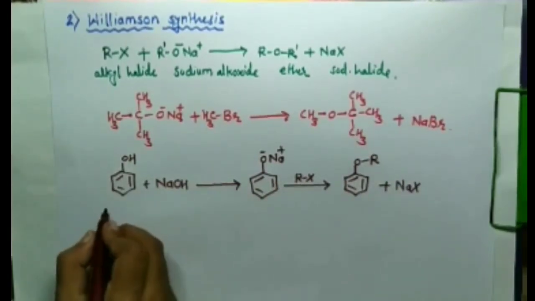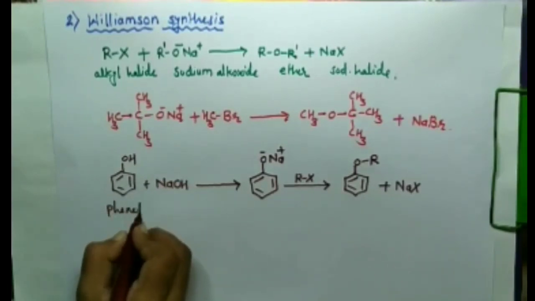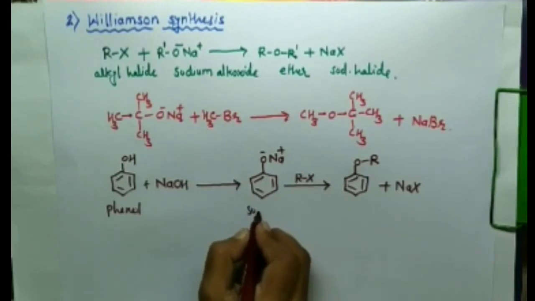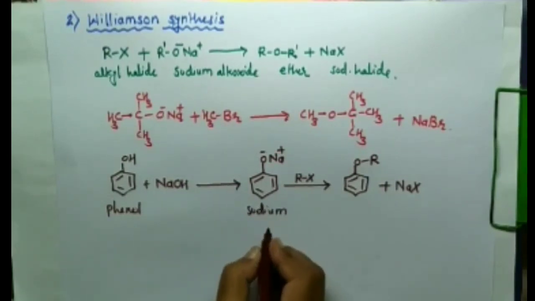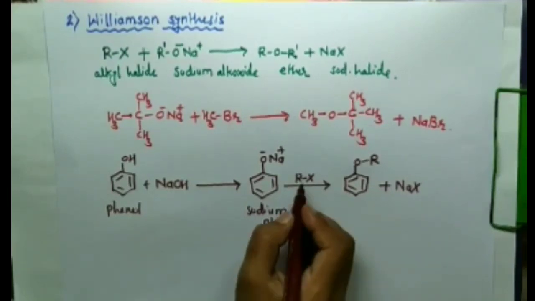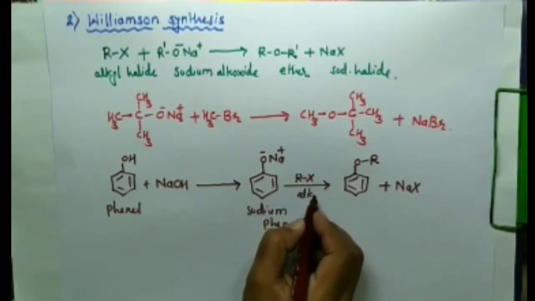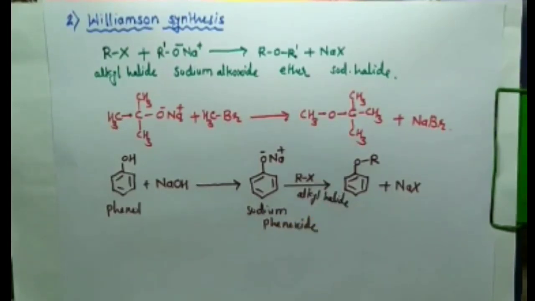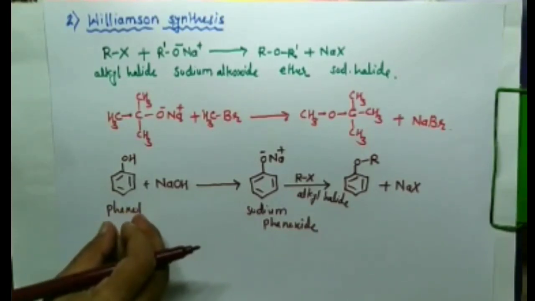So phenol, when it is treated with sodium hydroxide, we will get sodium phenoxide, and this sodium phenoxide when it is treated with alkyl halide, same, this is also a Williamson synthesis method, but here phenol is taken as the starting material.